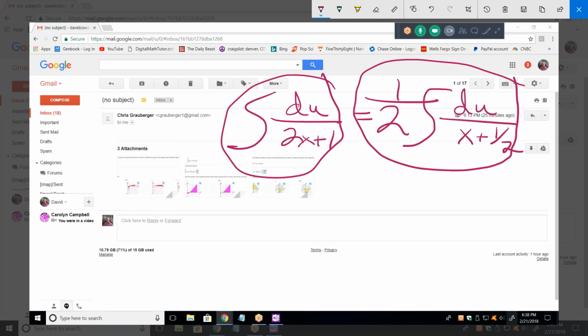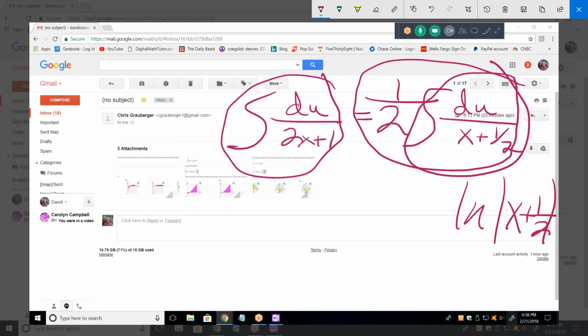I think so. Well, bring that 1/2 back inside the integral. Then that 2 goes on the bottom, so you end up with 2x plus 1. The advantage of doing this is that now that's the natural log of x plus 1/2, and this 1/2 comes along for the ride.